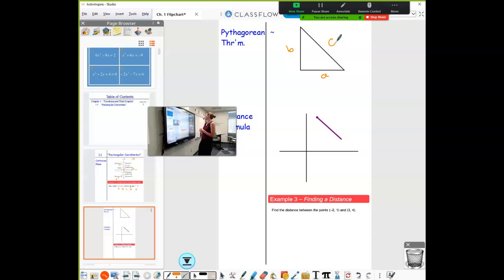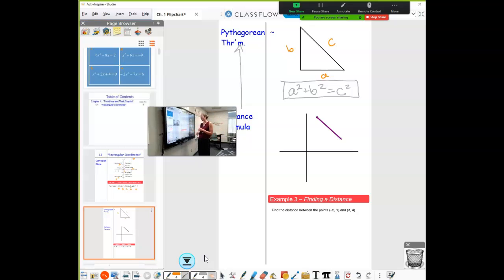C. So let me switch back and forth and make our formula. You know the Pythagorean theorem is always a squared plus b squared is c squared. That's not meant to be super crazy. But did you realize that the distance formula is really just the Pythagorean theorem?